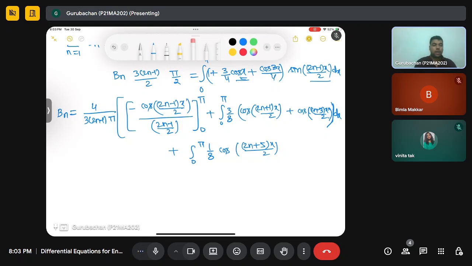Since I am taking sine A plus sine B, I am taking it like this. This will be sine, this will also be sine plus sine, 2n minus 7 x by 2.